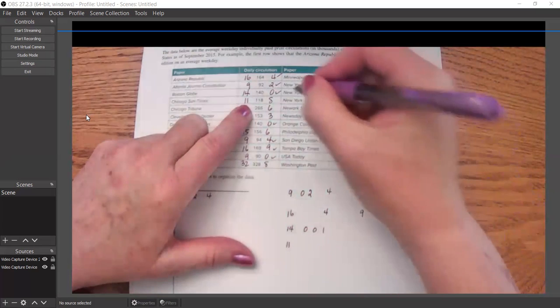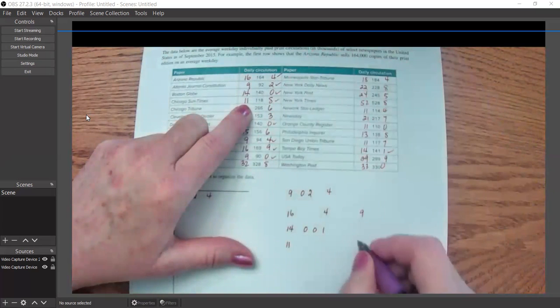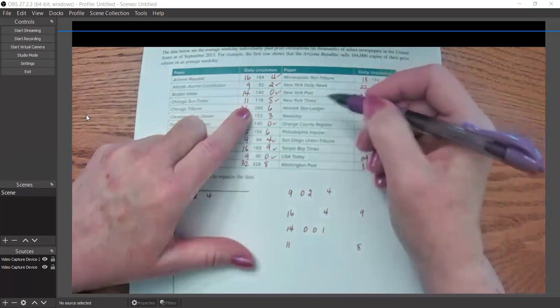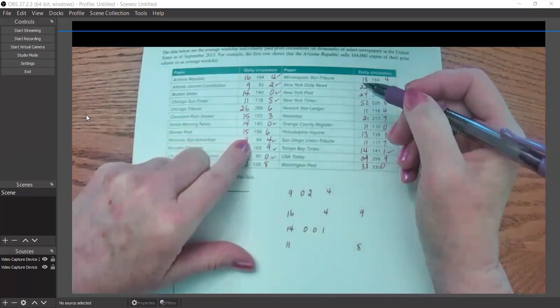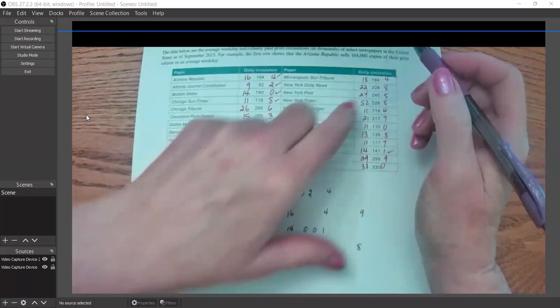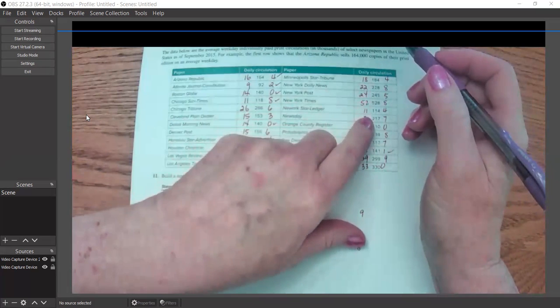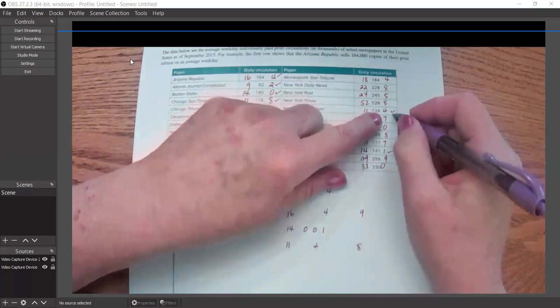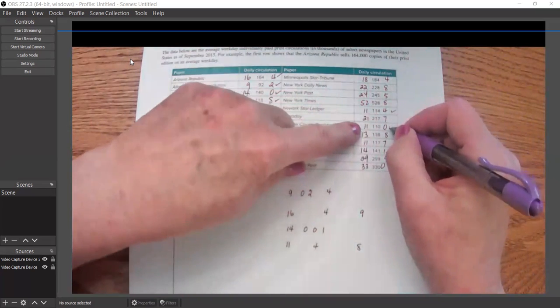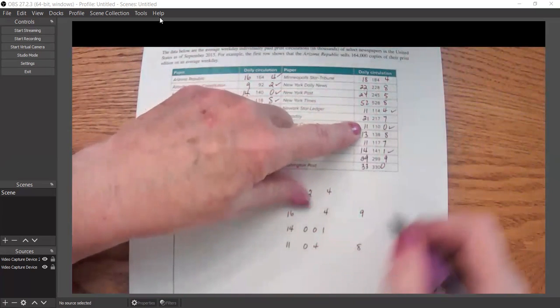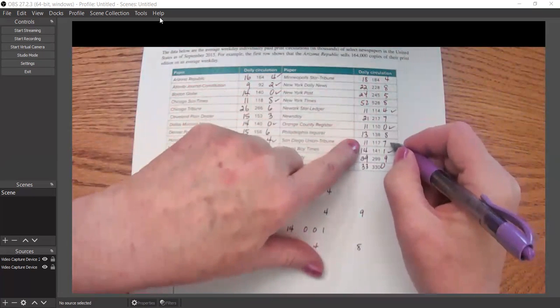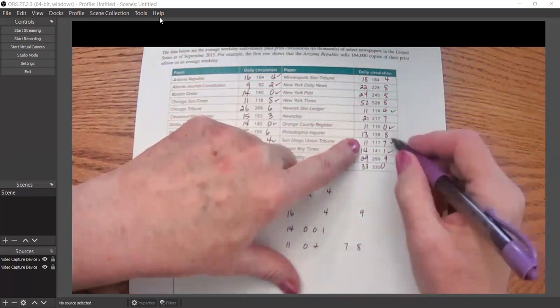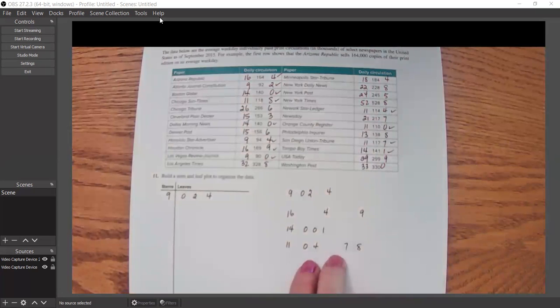Here's my stem of 11. So I have 11, 8. Any other 11s? Here's an 11, 4. Here's an 11, 0. Here's an 11, 7. All right, so I have 4 leaves there.